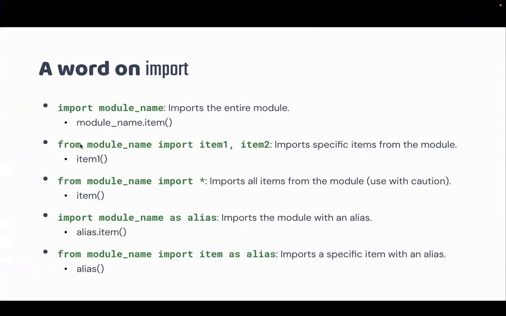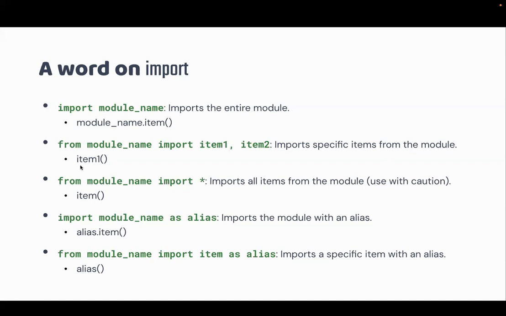The second way is from module name import item 1, item 2, etc. This way is importing specific items from the module. If you want to call it, you do not have to specify the module name, because you're just importing the items.